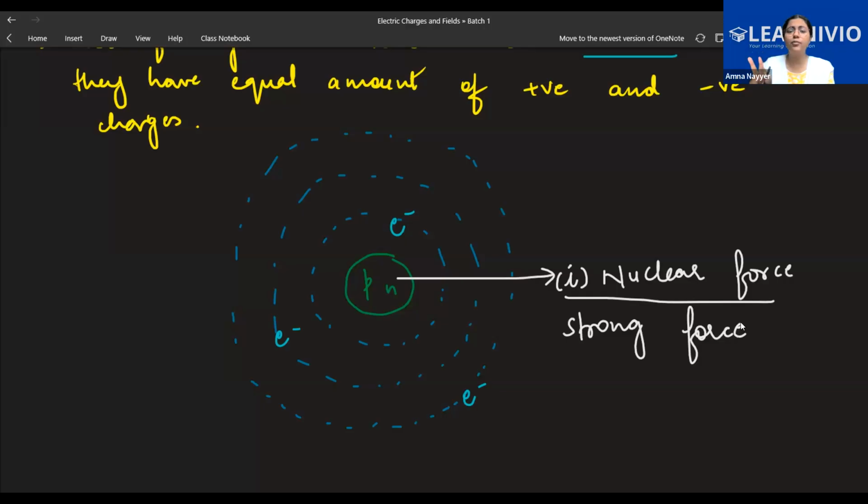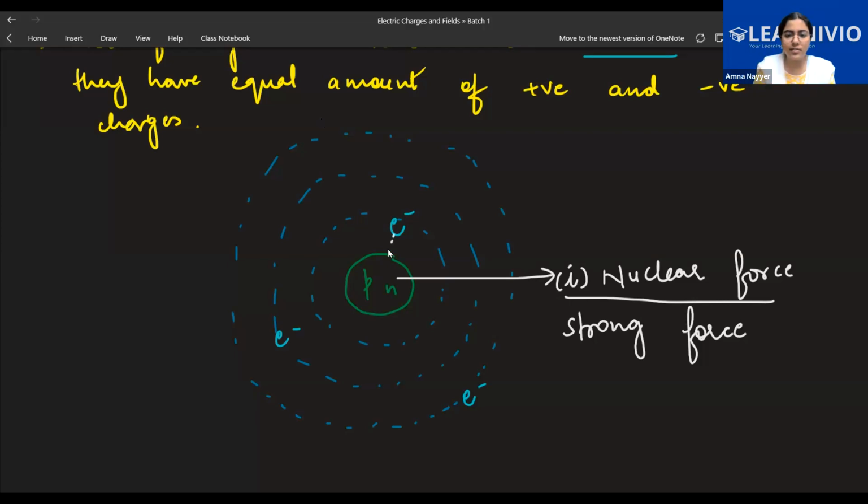Now the second type of force which is existing within the atom is between the electron and the nucleus. Right, between the electron and the nucleus, there exists a force because of which the electrons are able to revolve around the nucleus.